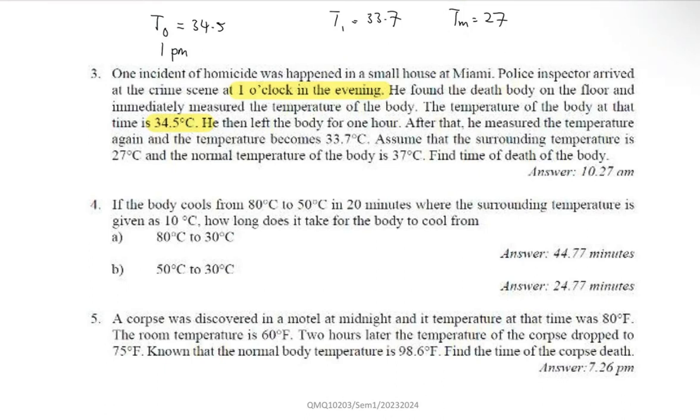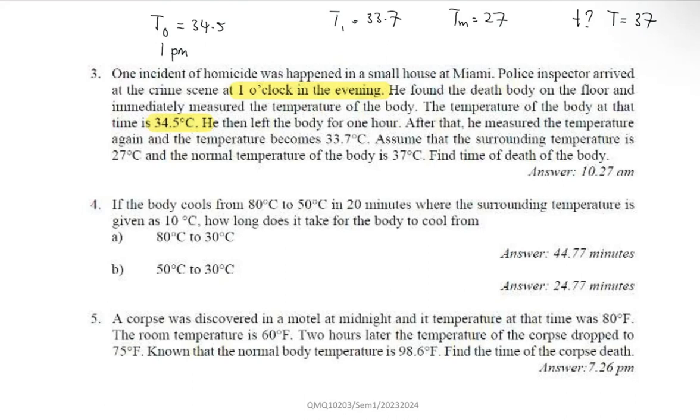We assume that the normal temperature is 37. So we need to find T at temperature 37. When we are alive, our body temperature is 37. When we die, our body temperature will slowly cool to the temperature of our room, 27 degrees.